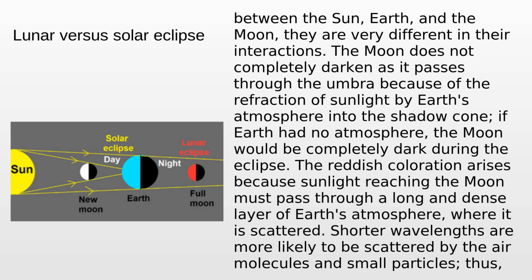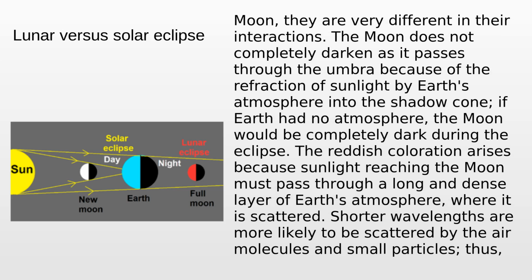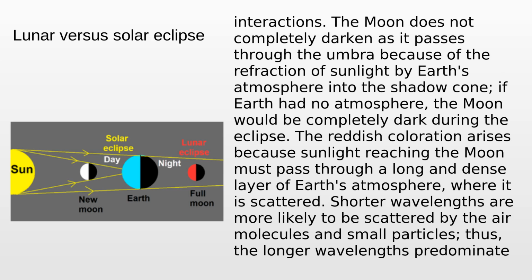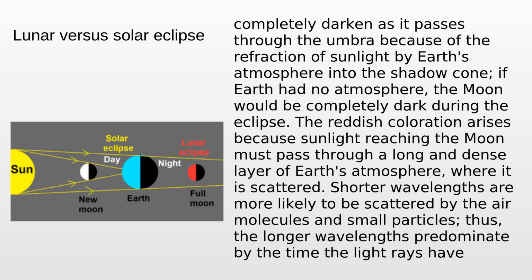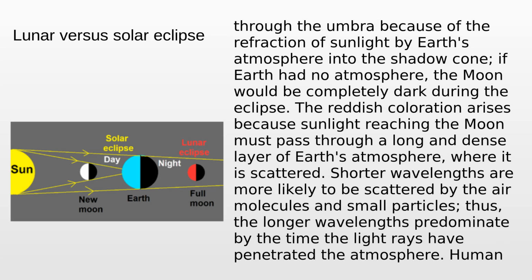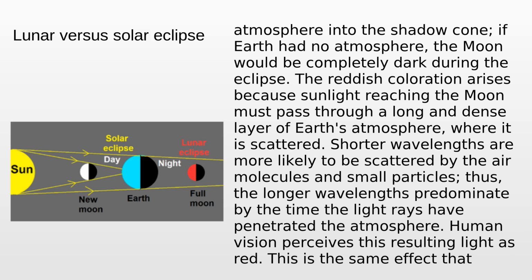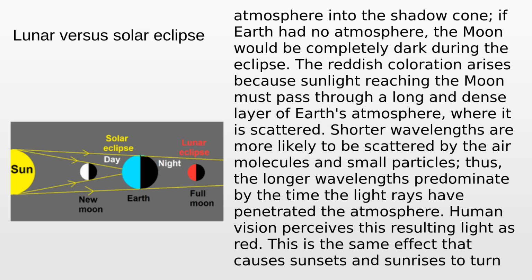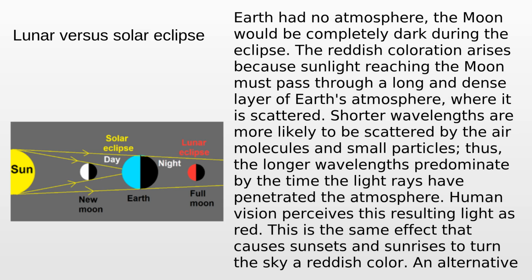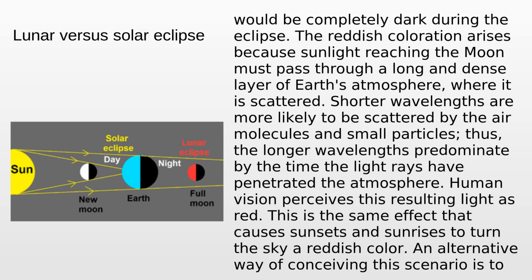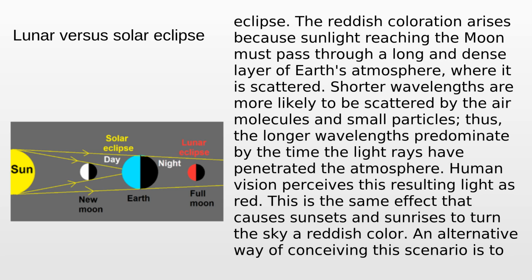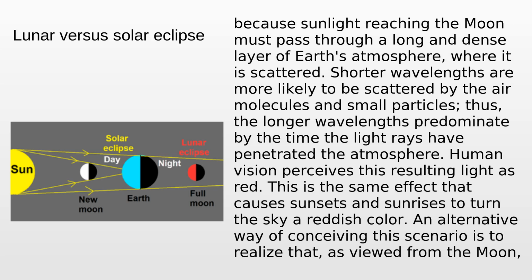The Moon does not completely darken as it passes through the umbra because of the refraction of sunlight by Earth's atmosphere into the shadow cone. If Earth had no atmosphere, the Moon would be completely dark during the eclipse. The reddish coloration arises because sunlight reaching the Moon must pass through a long and dense layer of Earth's atmosphere, where it is scattered.